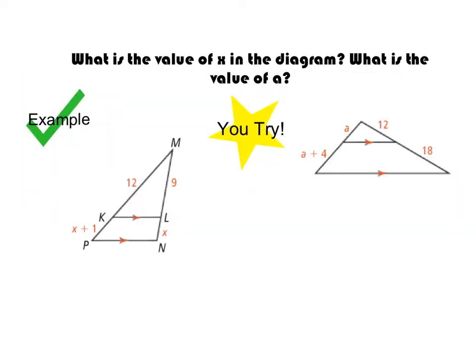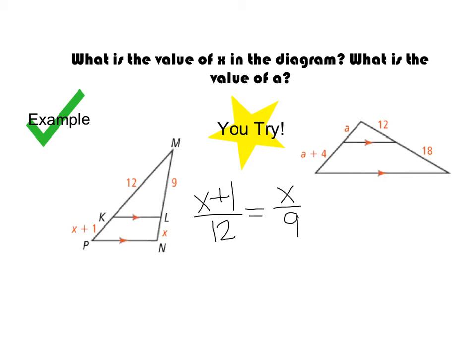Alright, so it says what is the value of x in the diagram and what is the value of a? So what is the value of a would be for the you-try. For my example, I want to find the value of x. So using the side splitter theorem, I'm going to write the proportion x plus 1 over 12 is equal to x over 9.